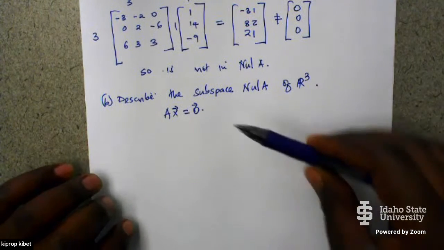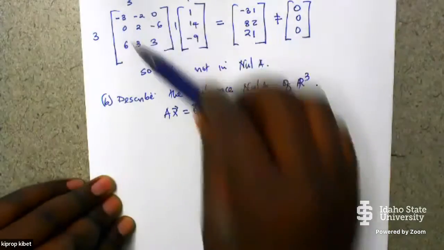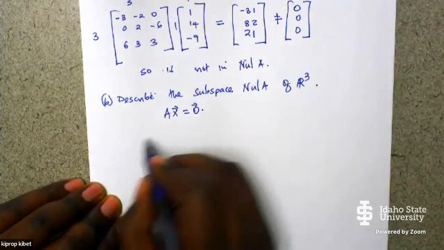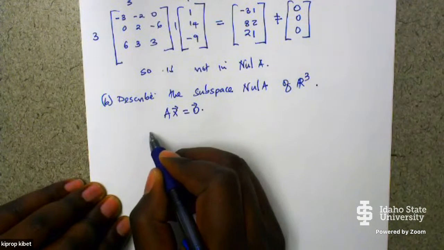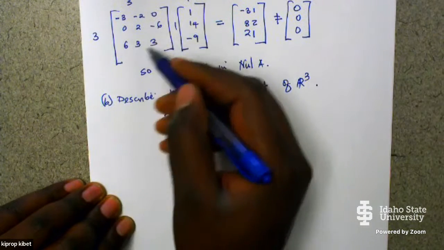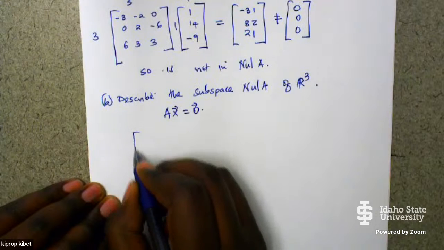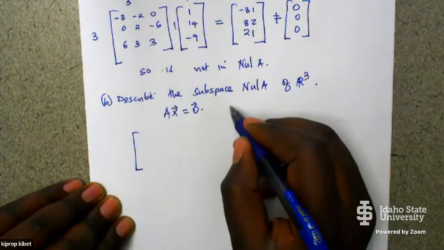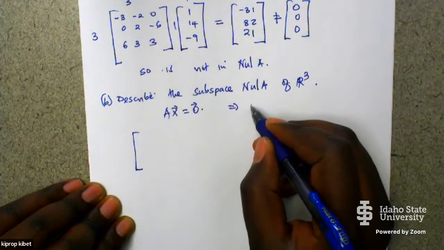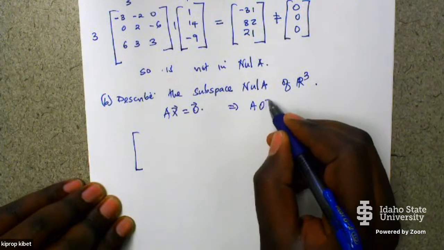Now we already have the A here. So the vector matrix equation here will be the matrix A, and then our augmented matrix, which is A and 0.